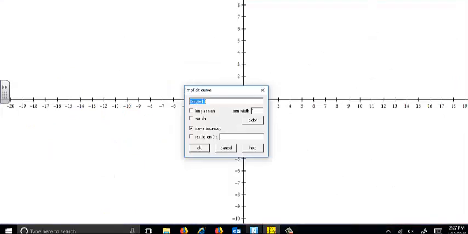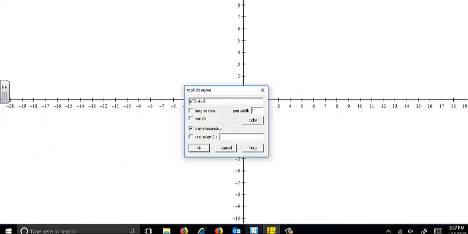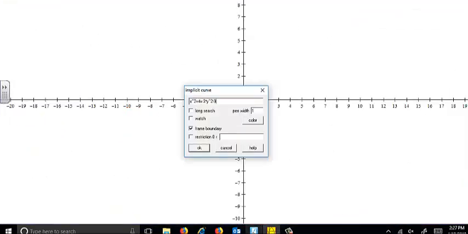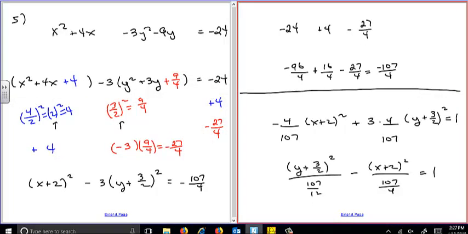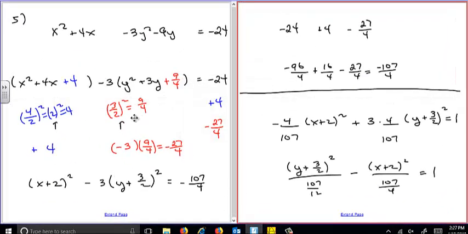Okay. So we're going to put this implicit equation in here, which is x squared plus 4x minus 3 times y squared minus 9 times y plus 24 equals 0. Just check that.